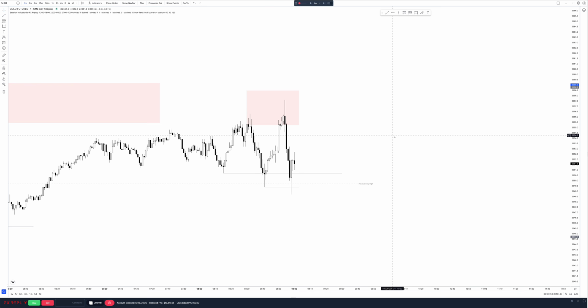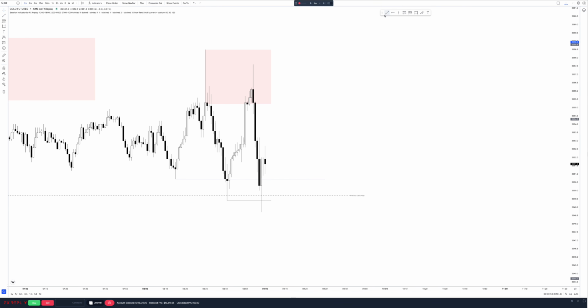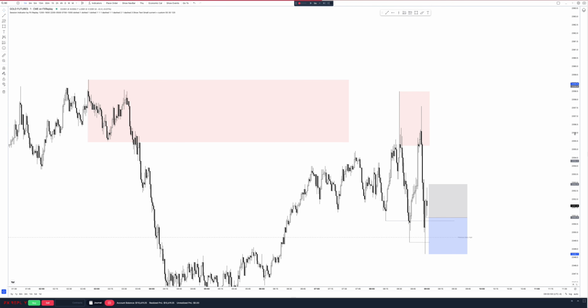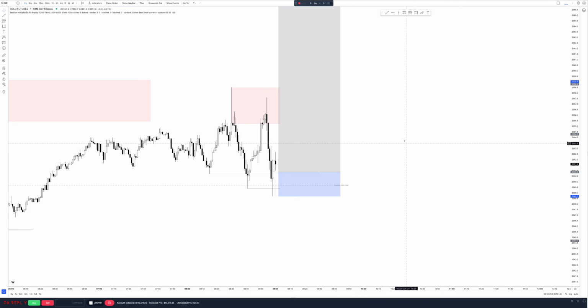All right. I want price below here. If it comes below there, probably enter something right there. Stops below the low. And then target the highs. There you go.